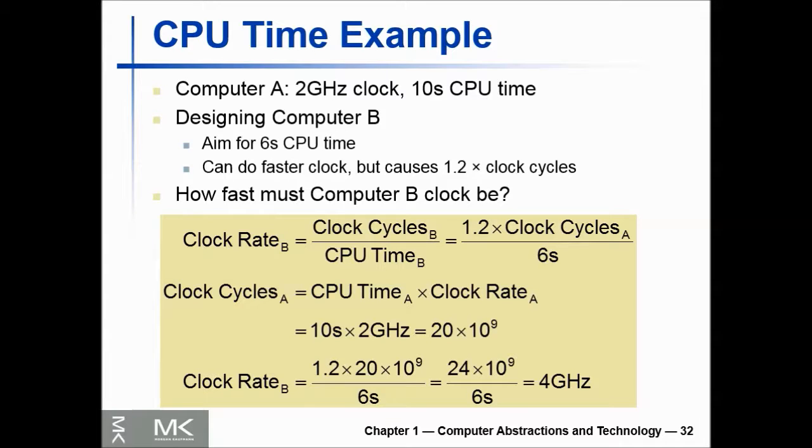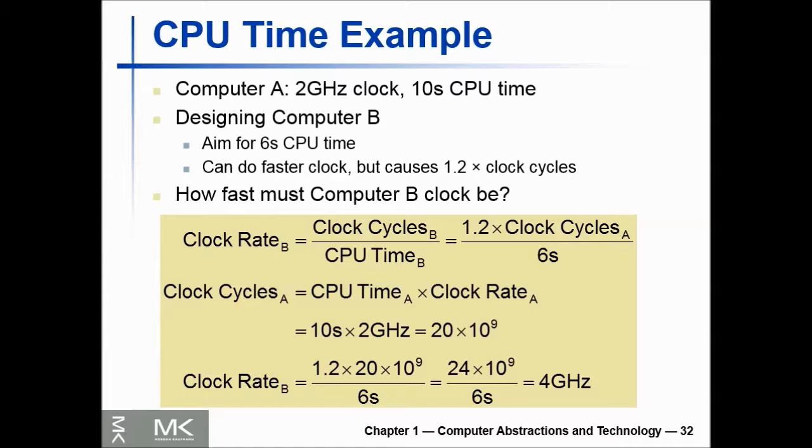Similarly, CPU time for B can be found using the same equation: CPU time B is equal to 1.2 times CPU clock cycles A divided by clock rate B. After putting the values, 6 seconds is equal to 1.2 × 20 × 10^9 cycles divided by clock rate.